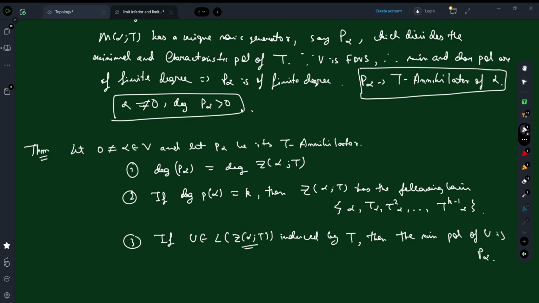Clear? So typically P alpha is the minimal polynomial of a linear operator defined on the cyclic subspace. Okay. So let us prove this.